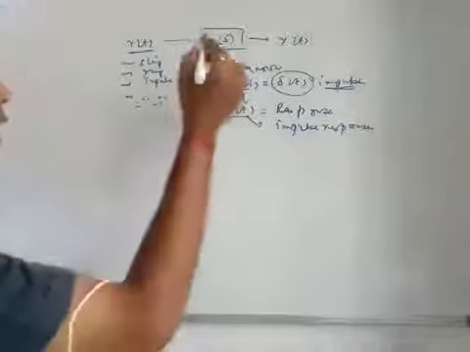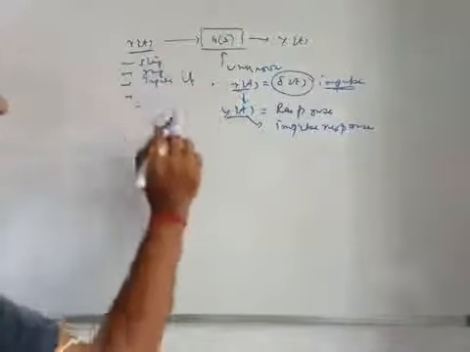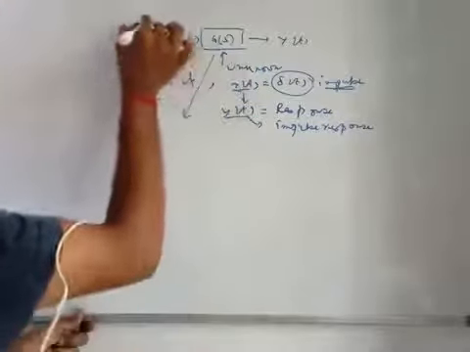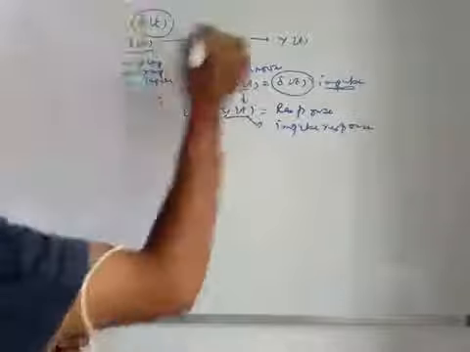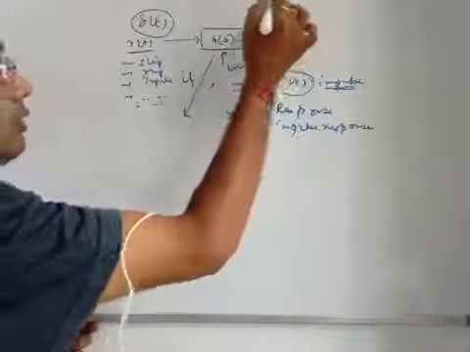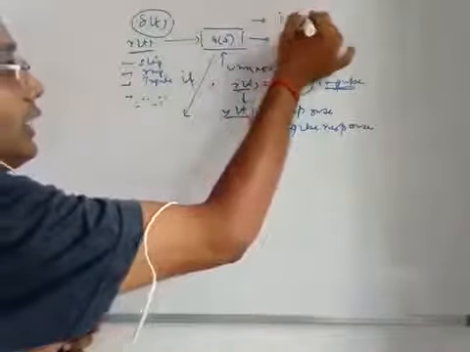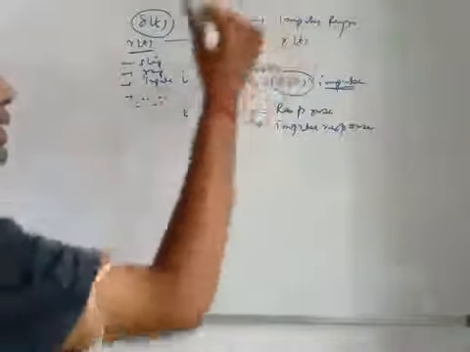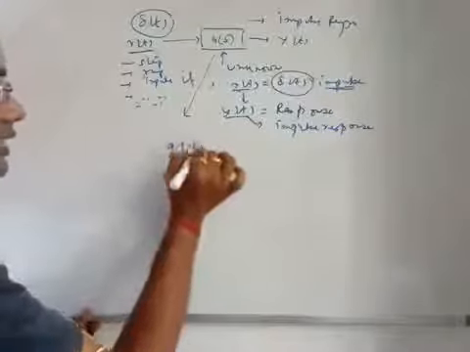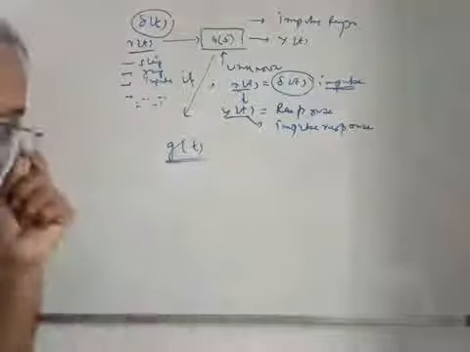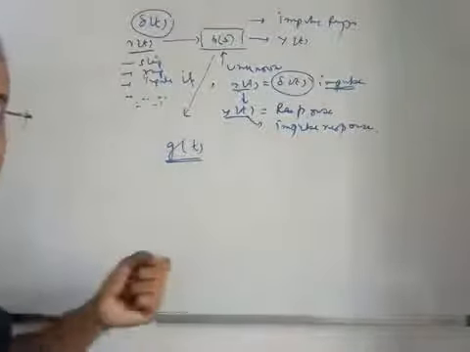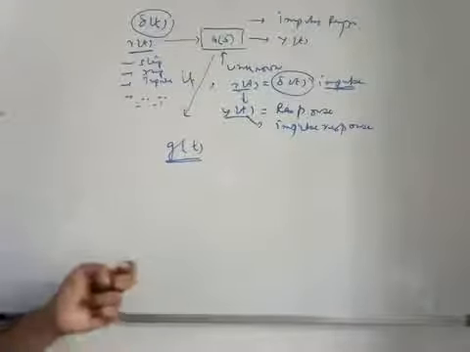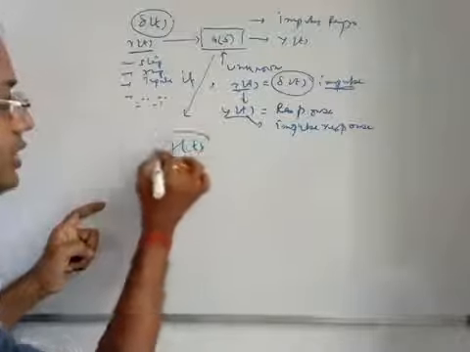So to judge the system, first of all what we do, we apply here delta(t), that means the impulse signal is applied, and corresponding to that what you get is known as impulse response, and this impulse response is denoted by g(t). So the impulse response of any system is denoted by g(t).